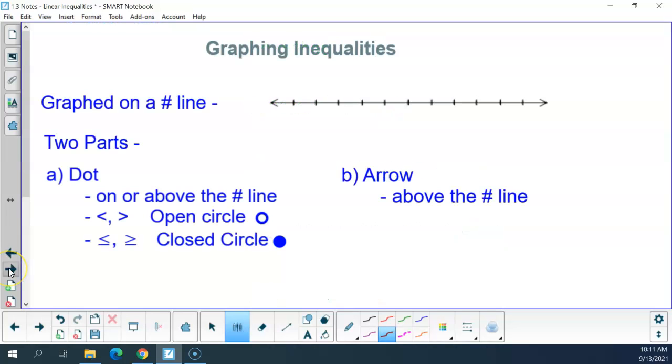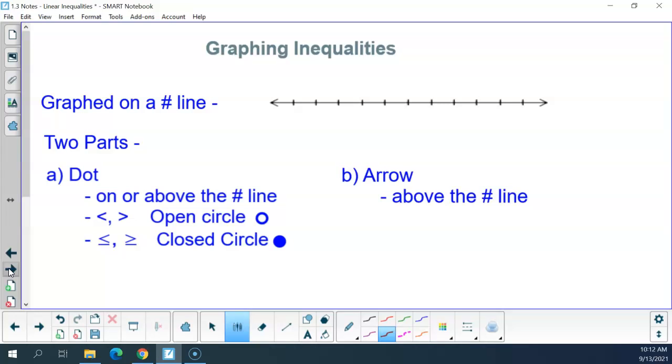The way we go about graphing them is we graph them on a number line. Now, I've got a real fancy number line up here, only because I stole it from a picture. But your number line really only needs to contain 1 or 2 numbers, the numbers that are involved in your solution. So we graph our inequality on a number line, and that is going to have 2 parts.